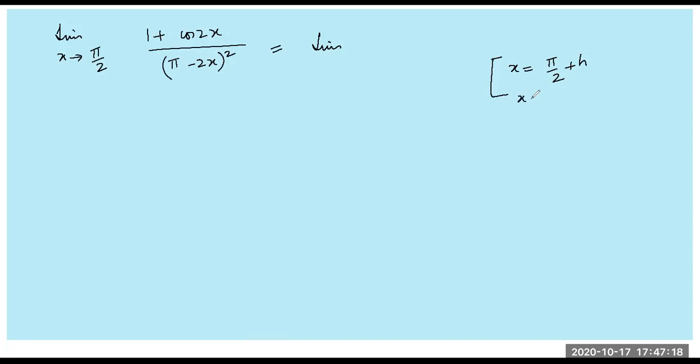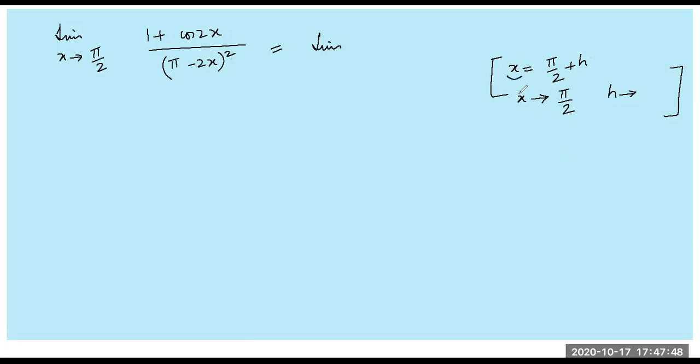Now, students, when x approaches pi by 2, h will approach what? As x approaches pi by 2, pi by 2 cancels, so h will approach 0, not x.